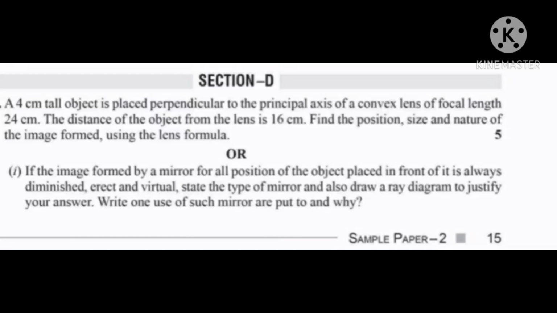Direct question only, you can find it. Or, if the image formed by a mirror for all positions of an object placed in front of it is always diminished, erect and virtual, state the type of mirror and also draw a ray diagram to justify your answer. Write one use of such a mirror and why.